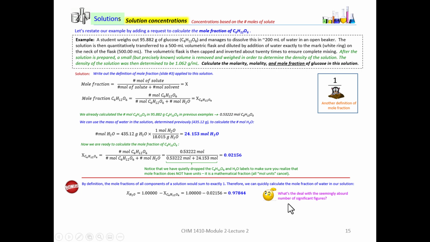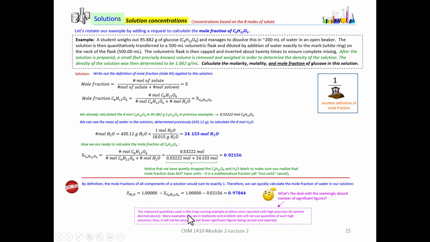You might ask, what's the deal with the seemingly absurd number of significant figures? Well, it turns out that the measured quantities used in this long-running example with glucose were reported with high precision to several decimal places. It's not impossible to do this.